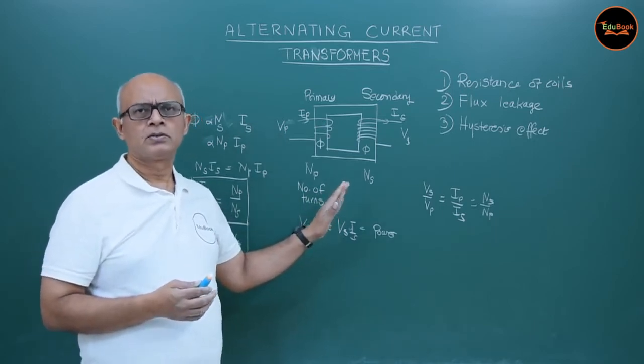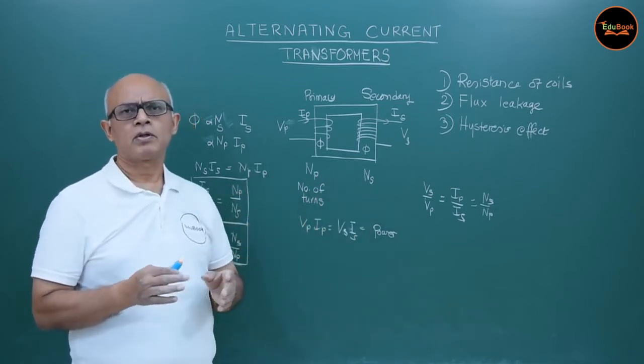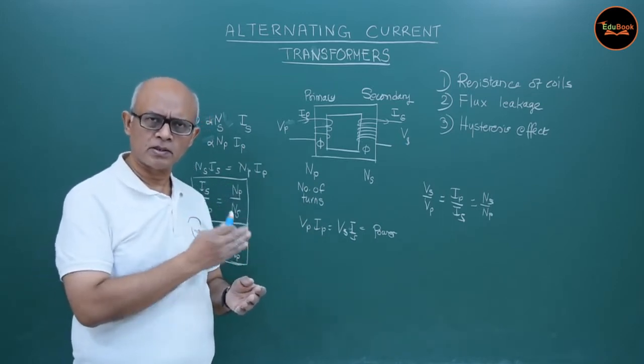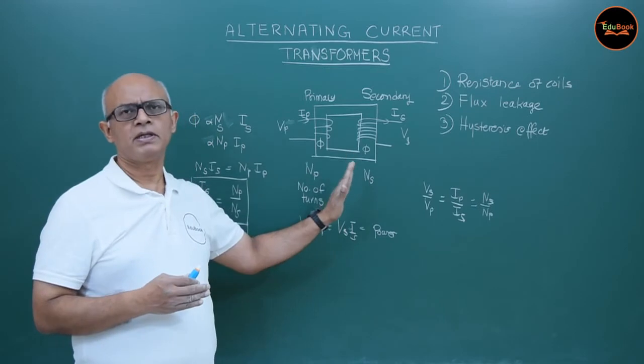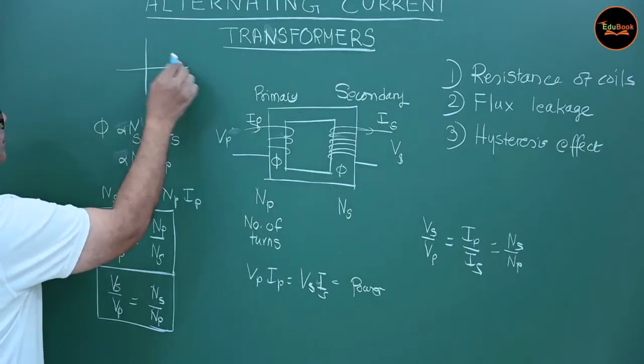So when we try to reverse the direction, a certain amount of coercivity is required. That means you have to give a certain amount of magnetic field in the other direction to bring the magnetic field back to zero.